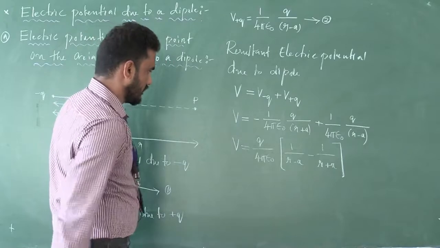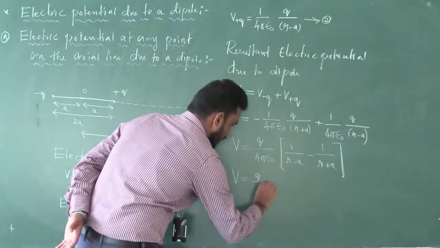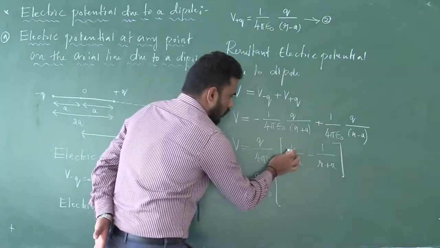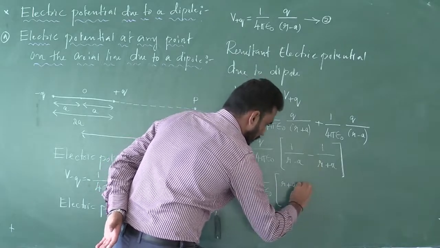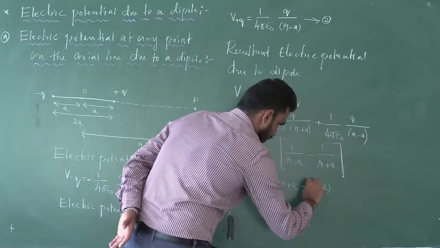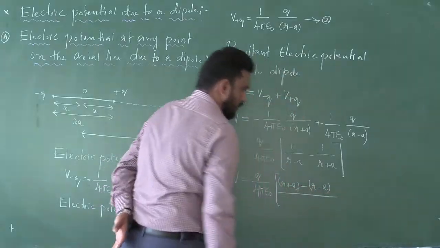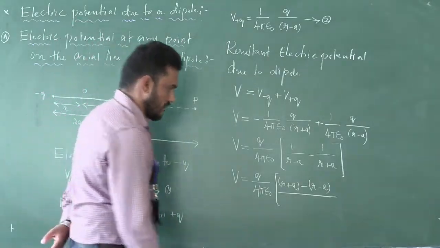Then I need to simplify this, so I'll take the LCM, with Q divided by 4 pi epsilon naught as common. 1 into r plus a, that is r plus a, minus 1 into r minus a, that is r minus a, in the bracket, divided by r minus a into r plus a.